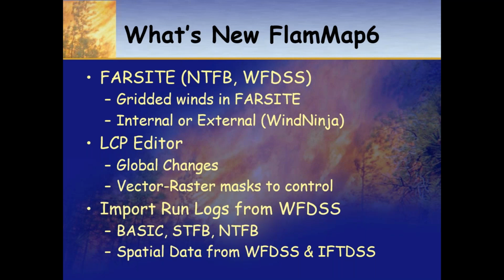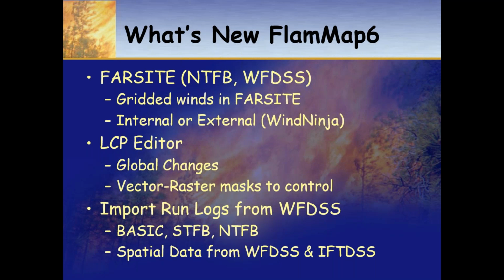You can also use WindNinja, the program itself, external to FlamMap and do gridded winds outside it, and then use those gridded wind outputs in Farsight. And the reason for that is that WindNinja as we have it in FlamMap doesn't use the full mass and momentum solver.